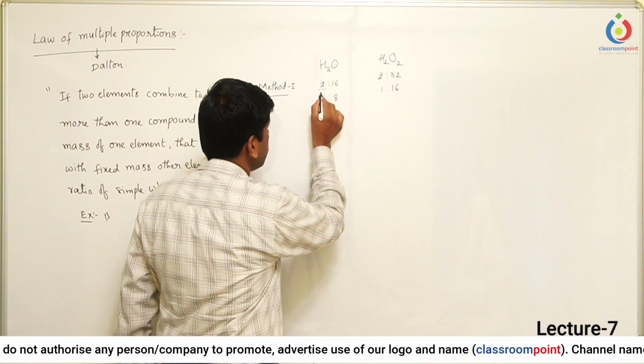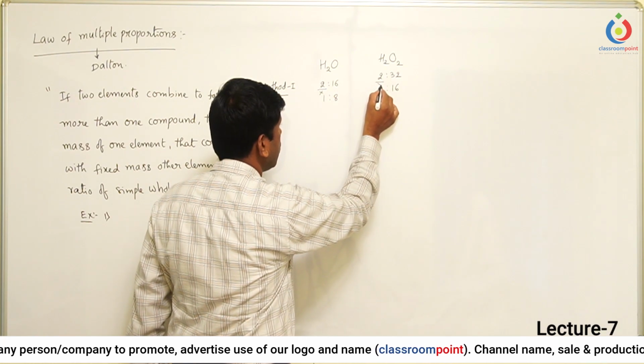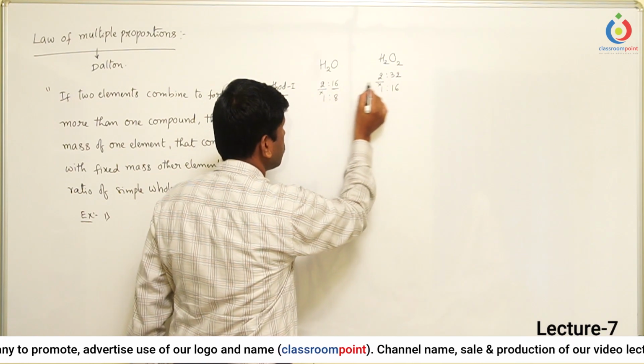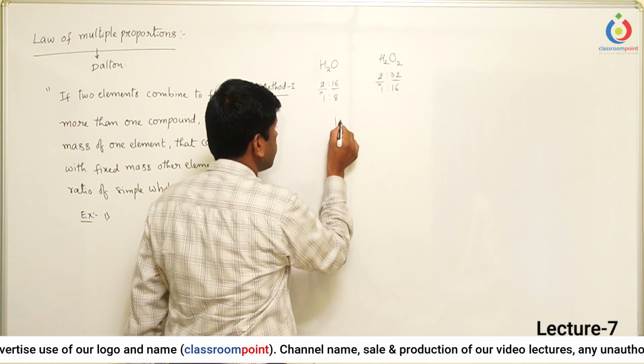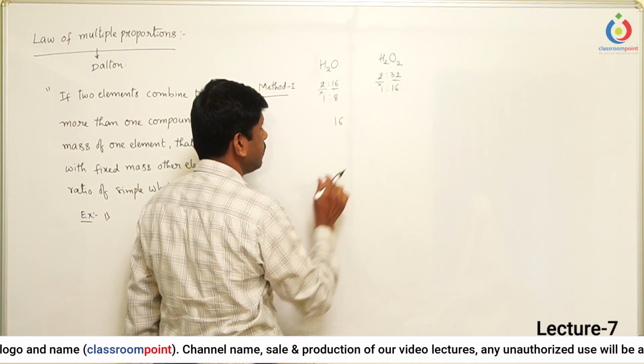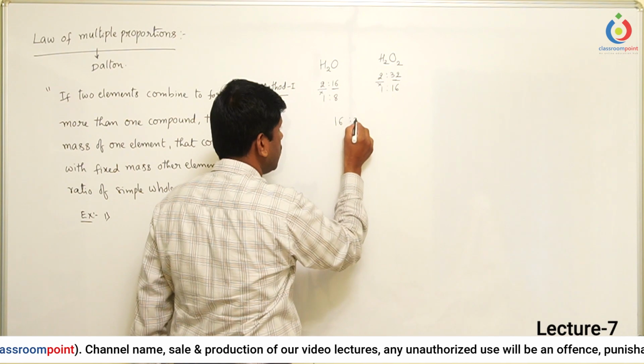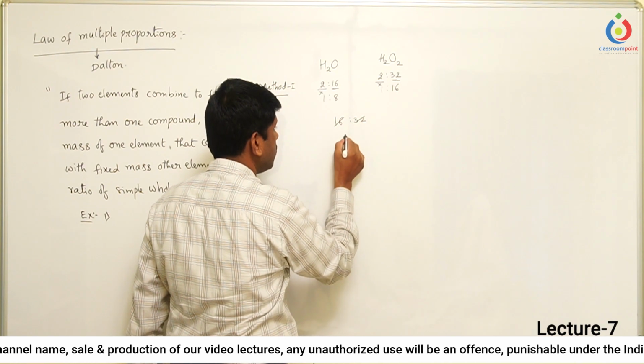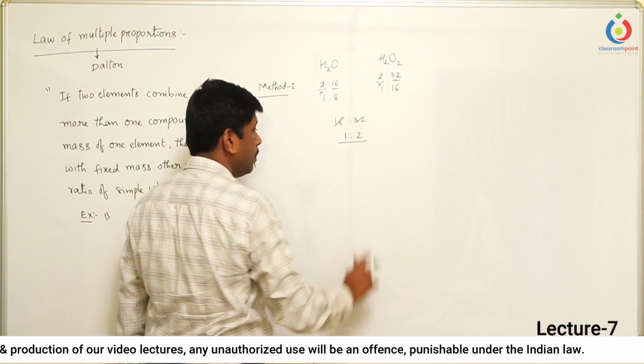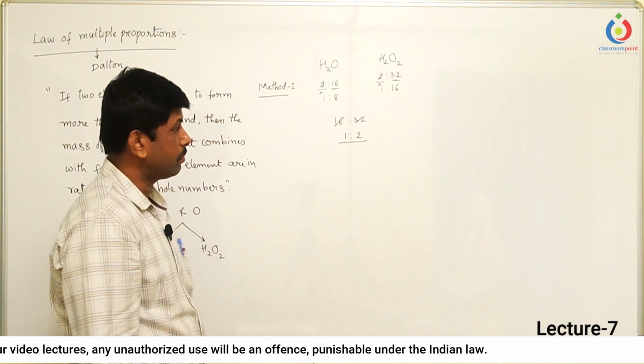In this case hydrogen mass is fixed, so I am not taking hydrogen. Then I have to take the mass of the oxygen. What is the mass of the oxygen? First compound 16, and second compound 32. Then it is simply a simple whole number ratio, 1:2.